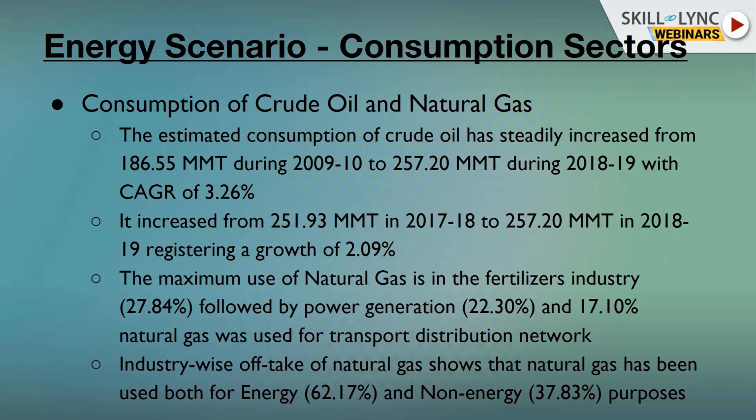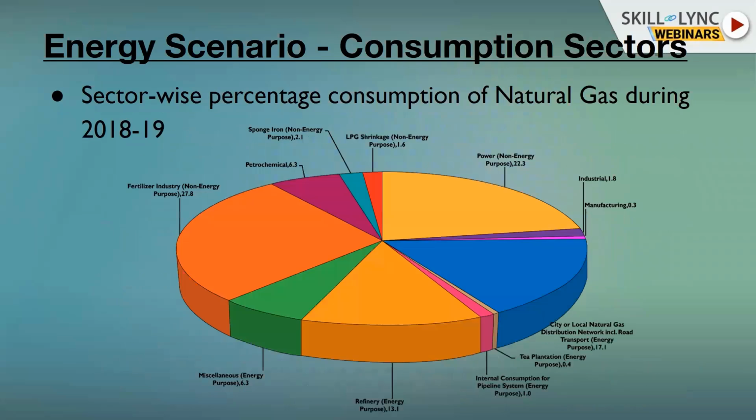So in industry also they are using that natural gas, that is, they are using it for energy purposes, that is 62.17%, and for non-energy purposes they are using 37.83%. So industry wise also the natural gas has been used. And you can see the bar chart.